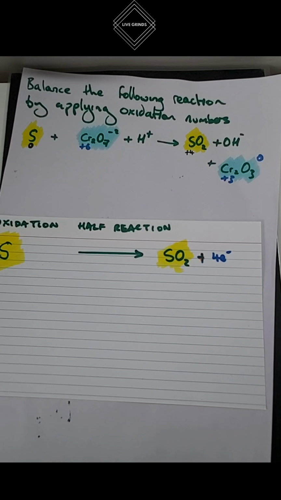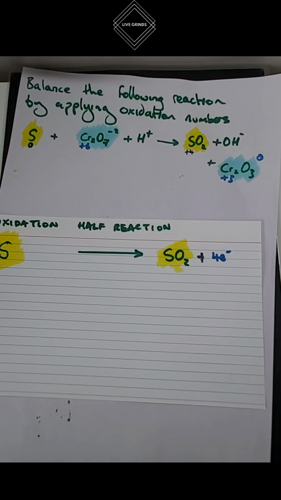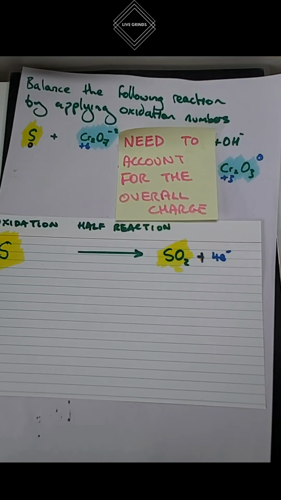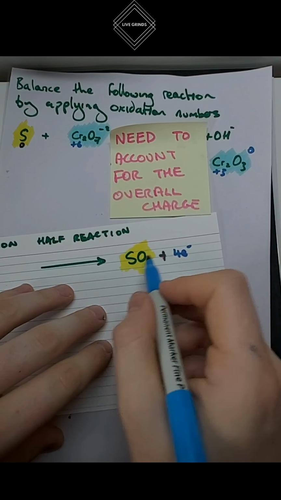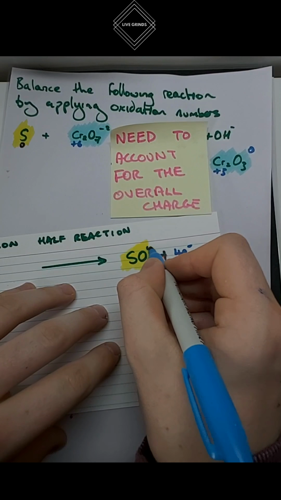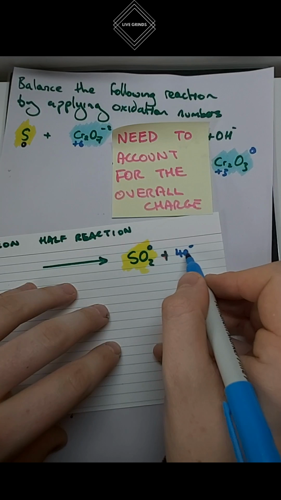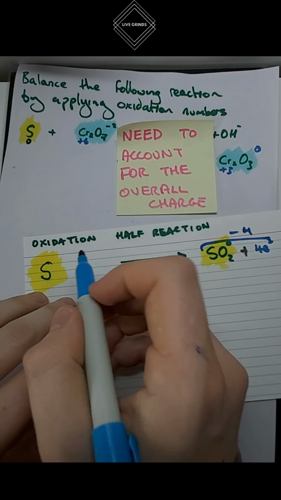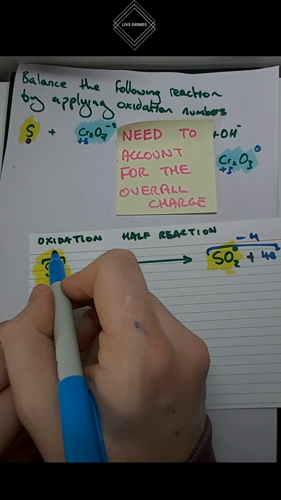Now the part that makes this question slightly different is we need to account for the overall charge like we did in the past with the reduction reactions. So we look at the overall charge in the species. Well, overall there's a 0 here and there's a -4 here. So currently the overall charge is -4. And over here, the overall charge is 0.